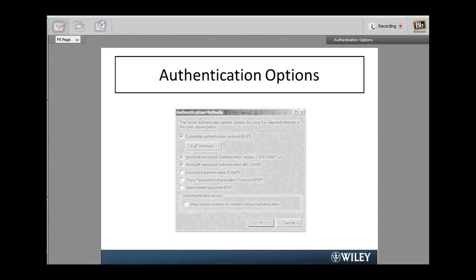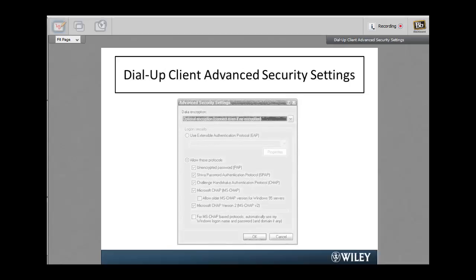Okay. So these are the authentication modes and the advanced security settings, either logging using Extended Authentication Protocol or whether you want to allow these protocols that I have mentioned or not.